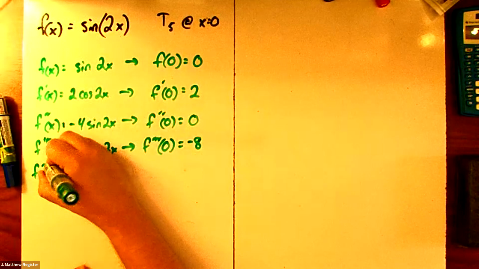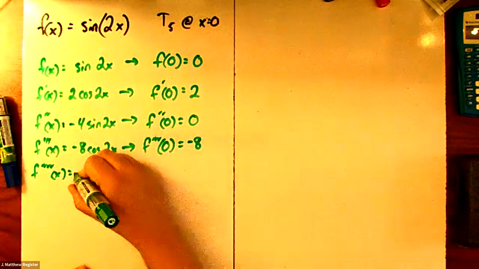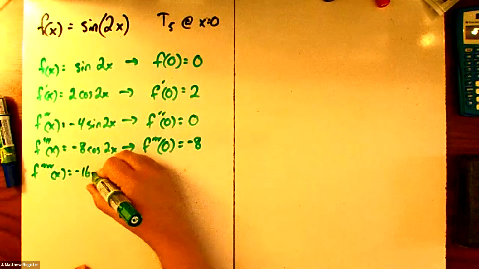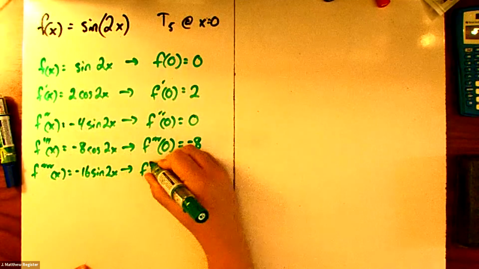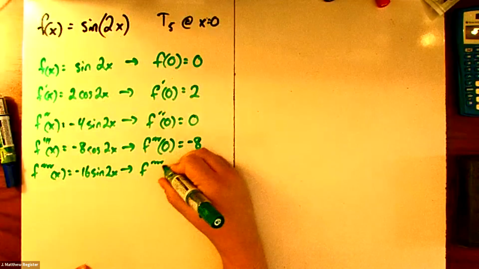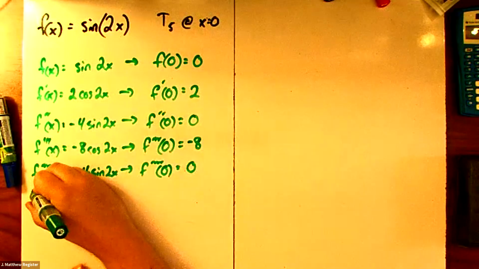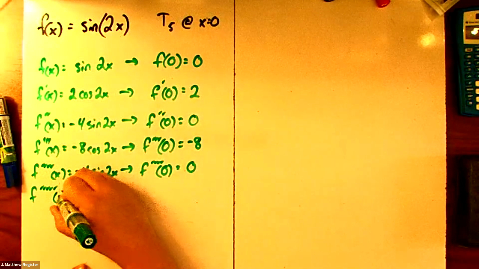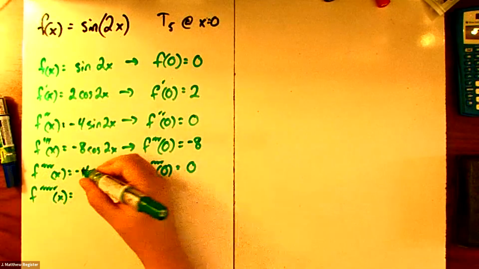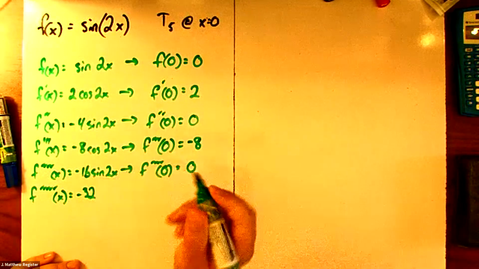And we need to do this all of the way out to the 5th derivative. And so now we're going to get -16 sine of 2x. The 4th derivative at 0 is equal to 0. And the 5th derivative, so this is the last one, is going to be -32.